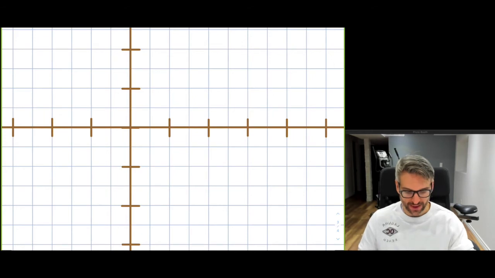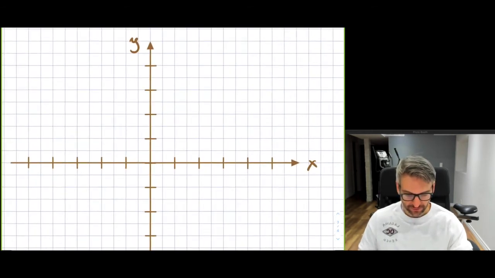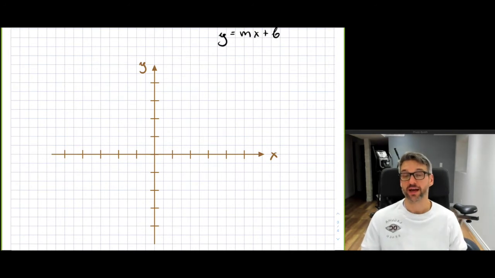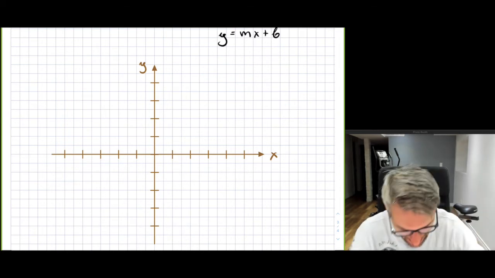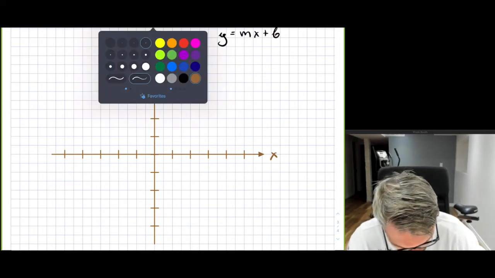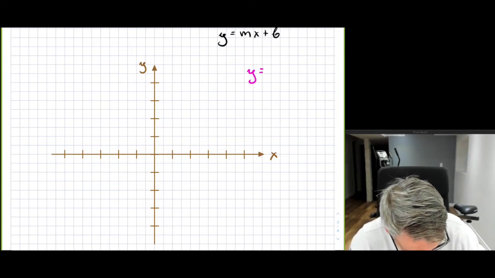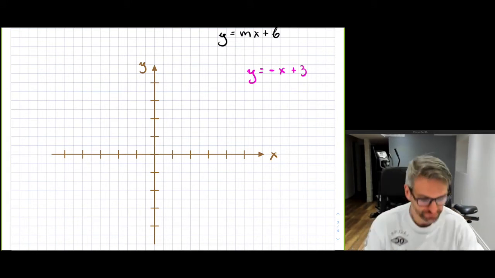It doesn't always have to be that way, but as you are just starting on graphing these things, it's a nice introduction. Let me give you a few lines. So we have y is equal to, let's say, -x plus 3.